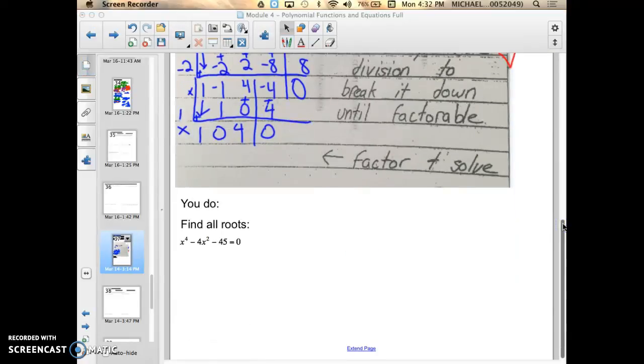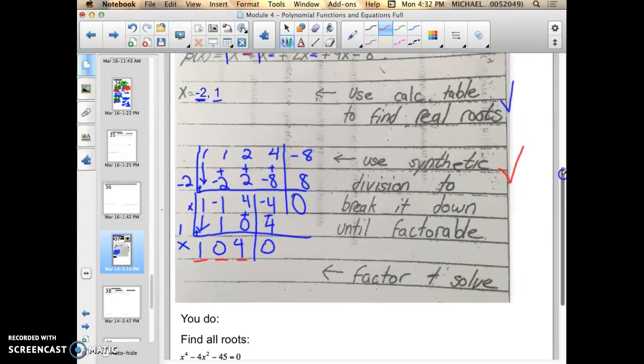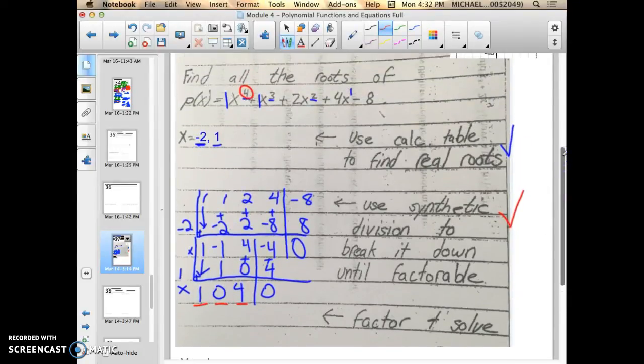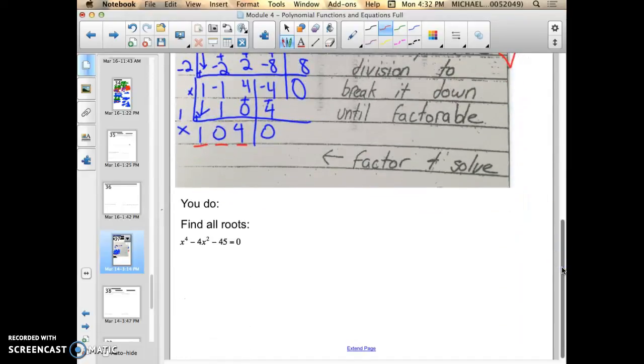Now, to rewrite my new polynomial after I've synthetically divided out negative 2 and 1, if you remember that process again, I'm going to use these numbers, 1, 0, and 4. But again, I'm going to now add my variables back into the mix. And remember, we started out with the highest power of 4, and every time you synthetically divide a solution out of the polynomial, you lose a power.